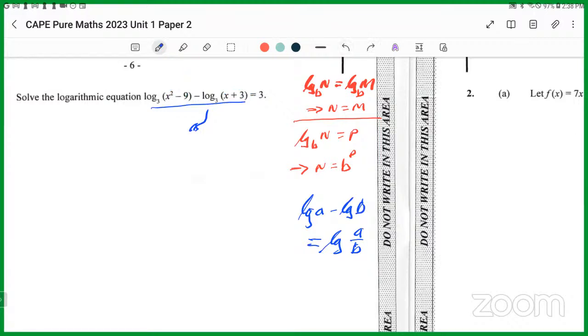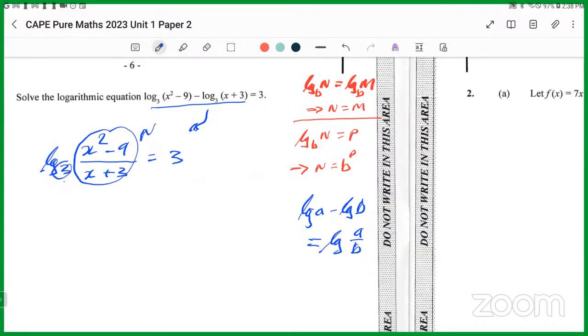So I'm going to get log to base 3 of x squared minus 9 over x plus 3. So it's the log of this over this. It's equal to 3. That's what we have. And it is starting to look like this. It means that this is your number n.